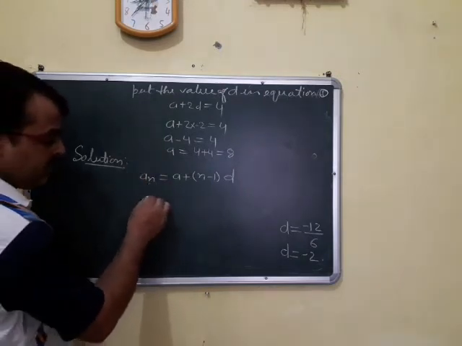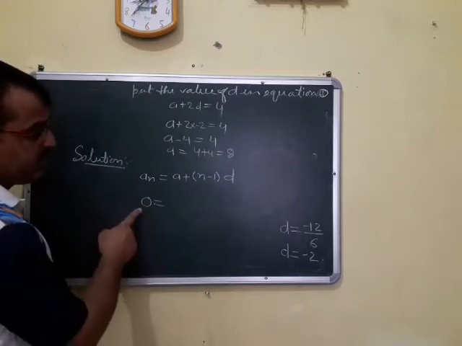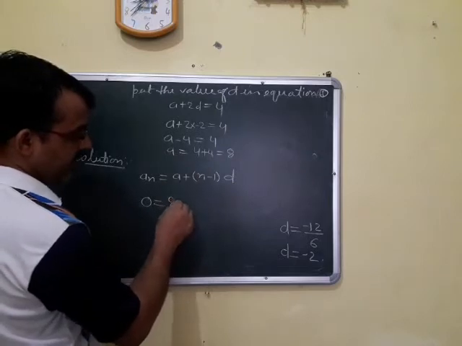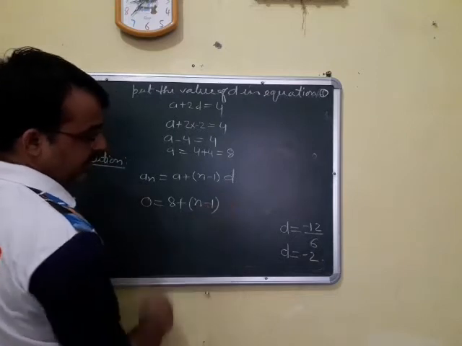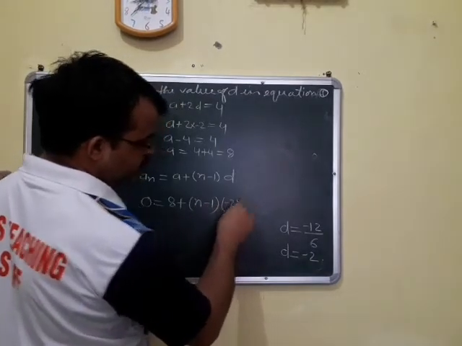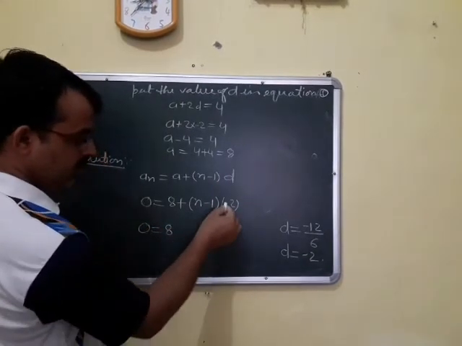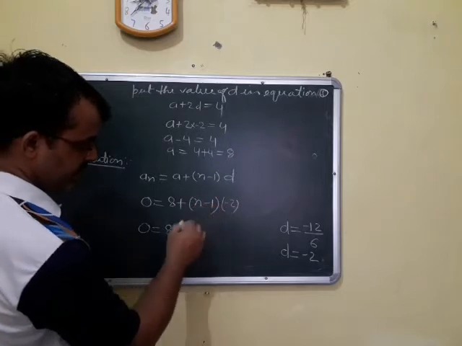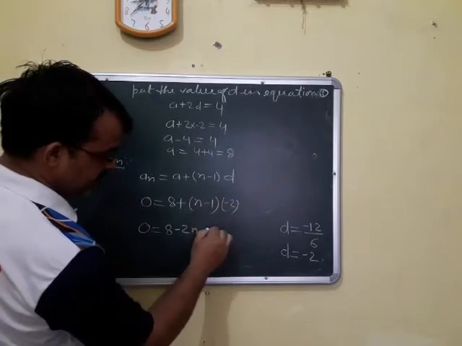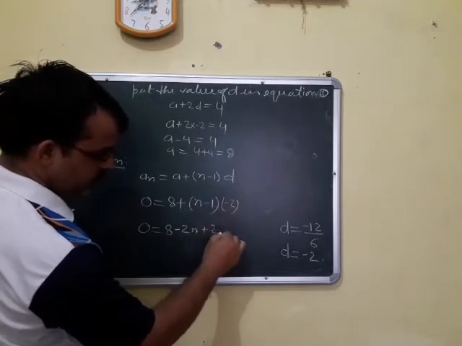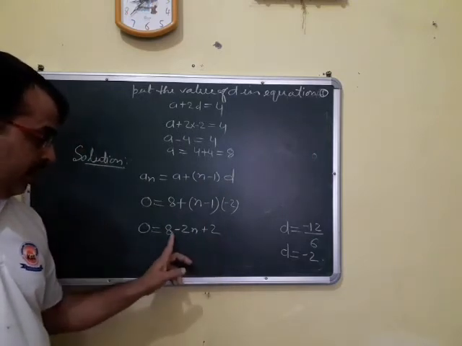So AN here is given 0, and A is equal to 8, and we have to find n, and D is given minus 2. So 0 is equal to 8 plus (n minus 1) into minus 2. Minus into minus, multiplication plus 2 into 1. Look, minus plus 2 and plus 8.